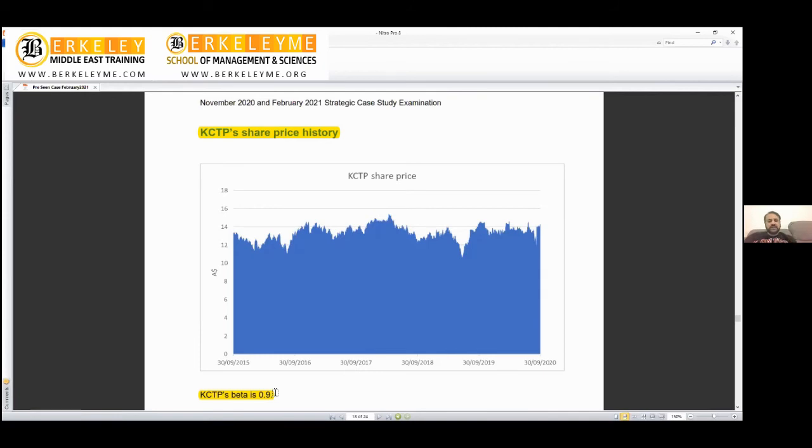So when he says beta is 0.9, it means that your share is stronger than the market. This is a very good indicator in terms of KCTP, that the KCTP share is stronger than the market index. That's important.